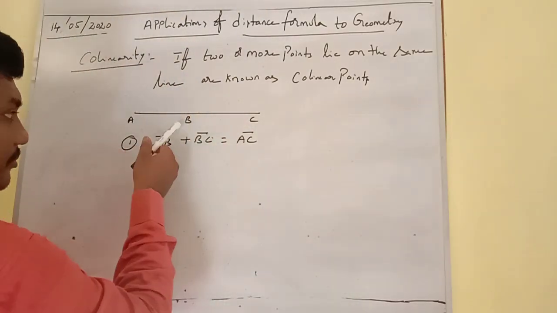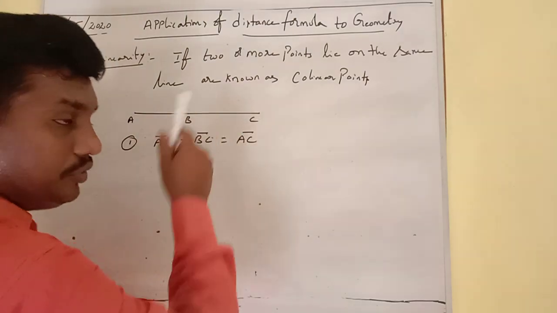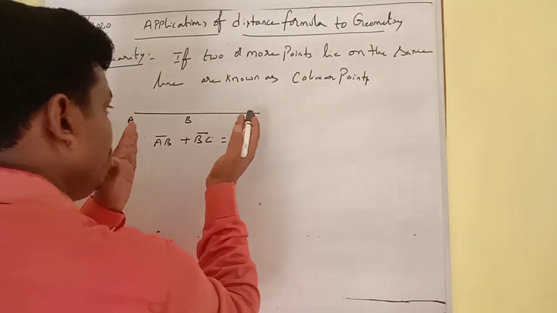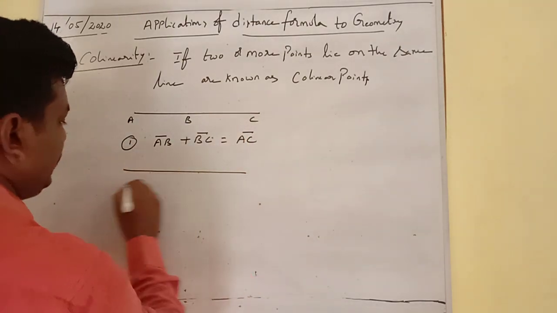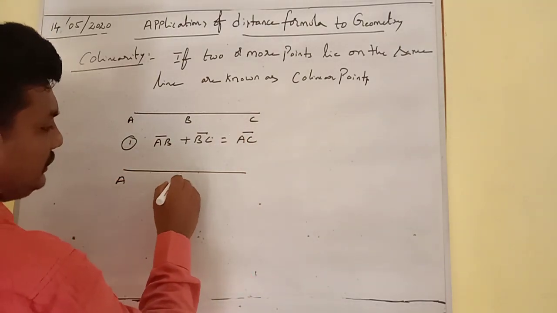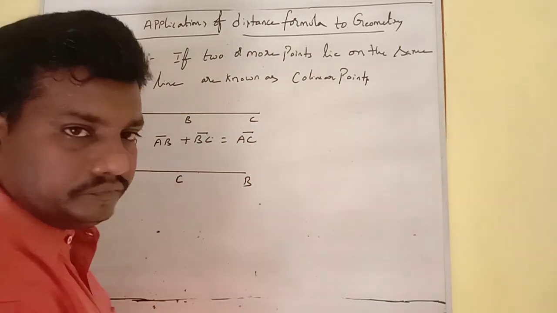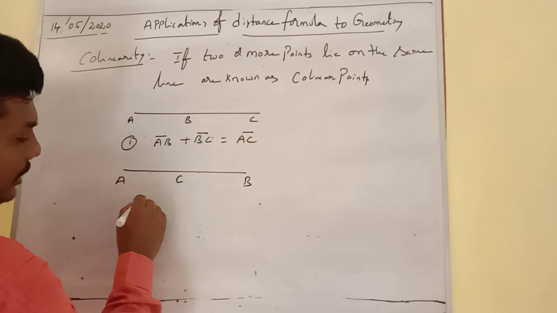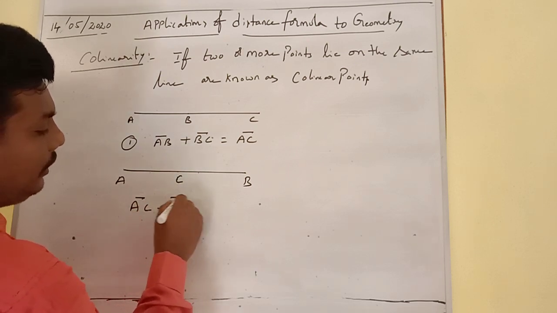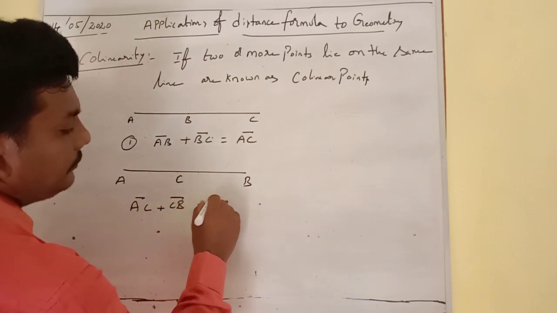Suppose A, B, C are in different positions. Let me take this as A, this as C and this as B. Now in this situation AC plus CB is equal to AB.